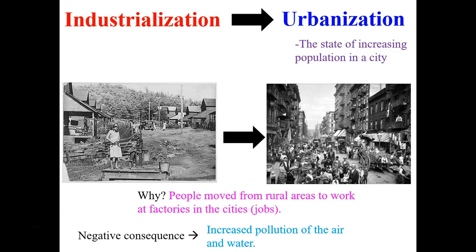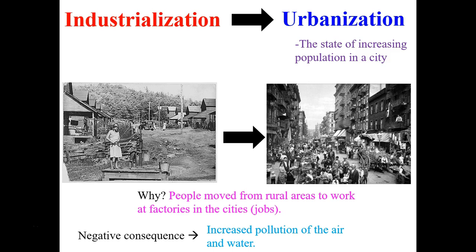So, what effect did this have on culture in the United States? Well, industrialization led to urbanization. And urbanization is the state of increasing the population of a city. There are basically two major types of places that we talk about.